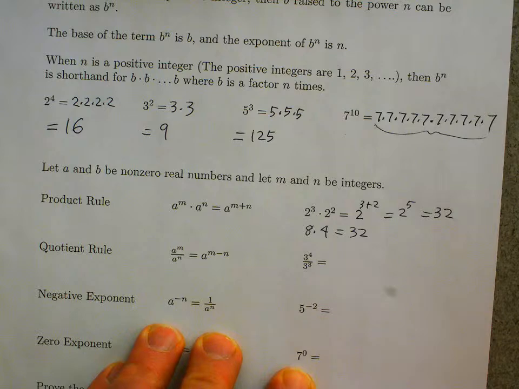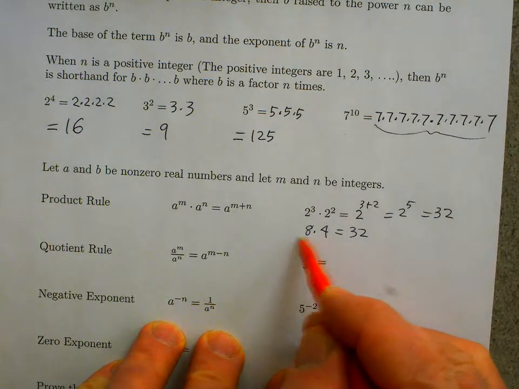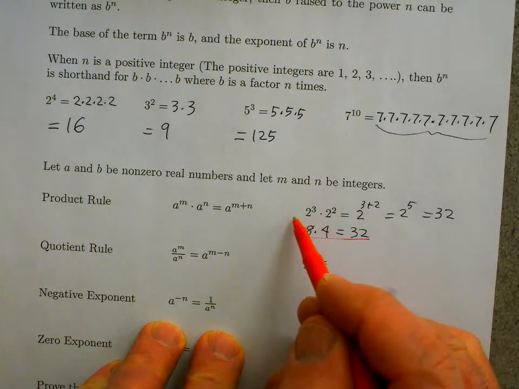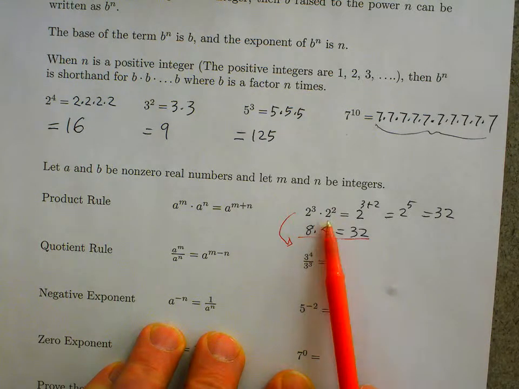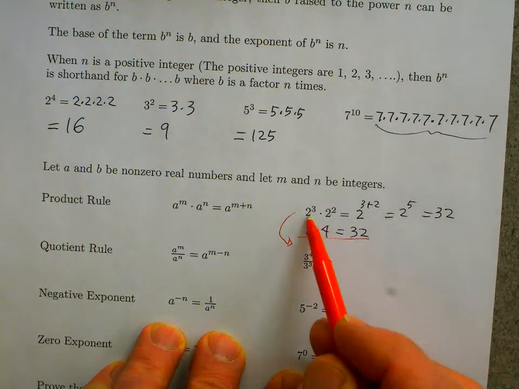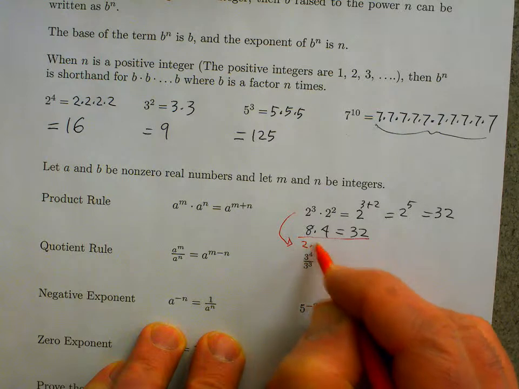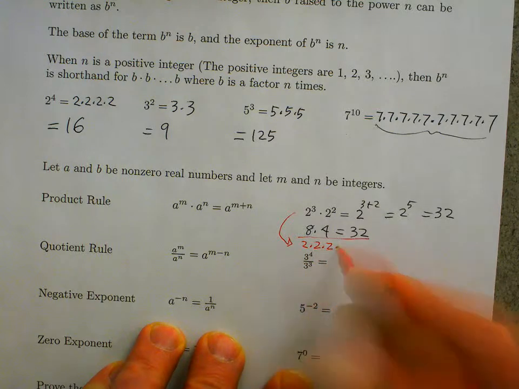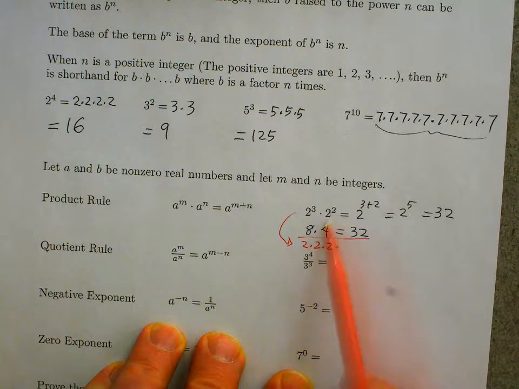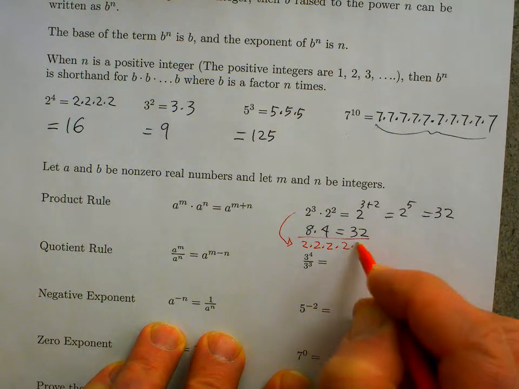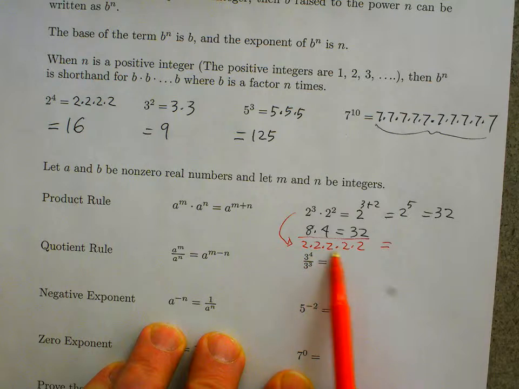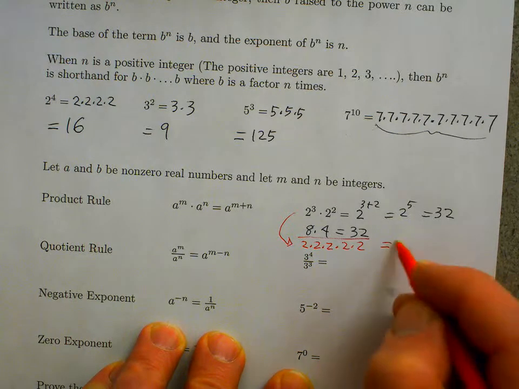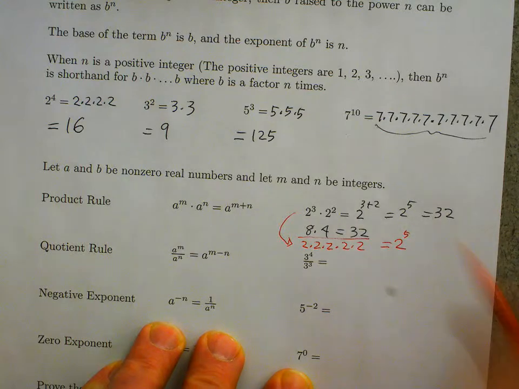But just to illustrate this product rule, 2 to the third times 2 to the second, if you think of 2 to the third as 2 times 2 times 2, and then we're multiplying that by 2 to the second, which is 2 times 2, then you can see that there are 5 factors of 2. So 2 times 2 times 2 times 2 times 2 is 2 to the fifth.